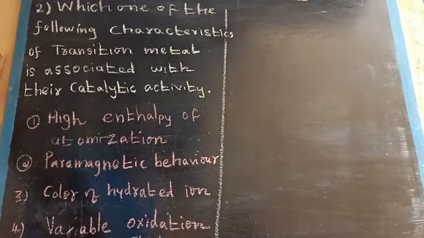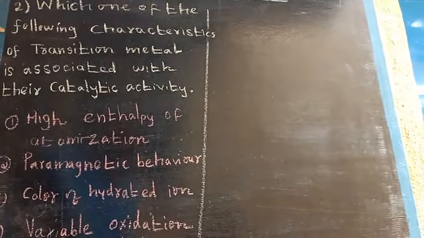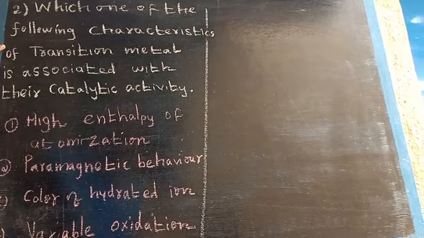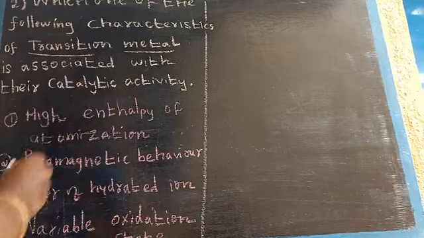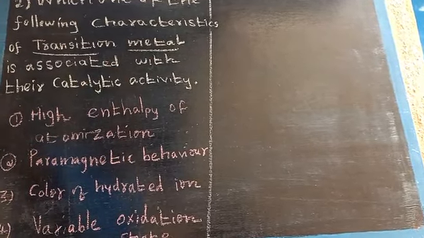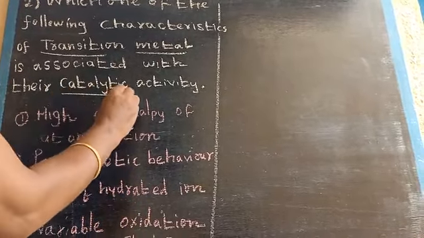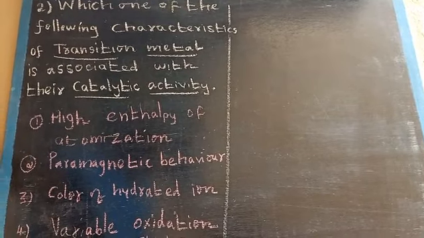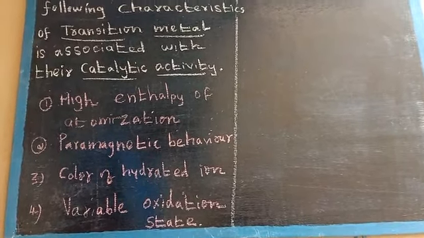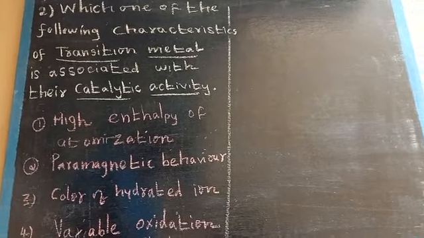See the second question. Which one of the following characteristics of transition metals is associated with their catalytic activity? Children, we studied the theory part: transition metals act as catalysts.